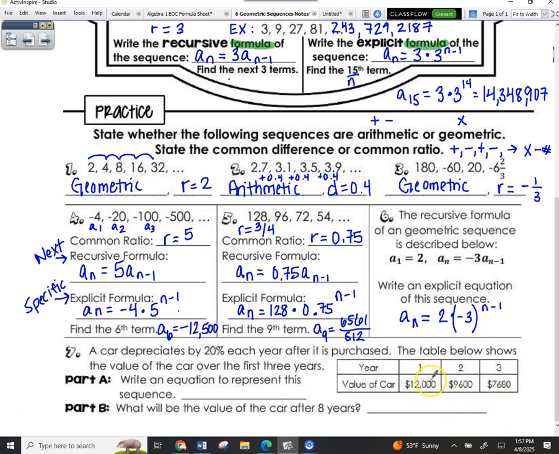Write an equation to represent the sequence. What's it shrinking by? Just like right here, where you had to find the fraction that it's multiplying by, I need you to do that here. Find what it's shrinking by.